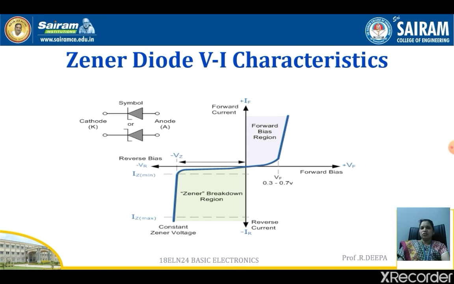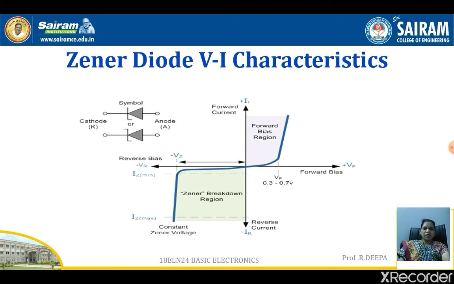You can observe in the graph that the forward bias region will remain the same, whereas the Zener diode is operated in the reverse bias. As soon as the reverse voltage is increased, the Zener diode will remain as a PN junction diode till it reaches the breakdown voltage Vz.